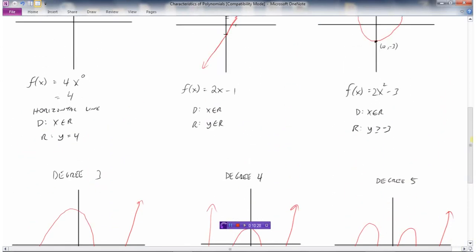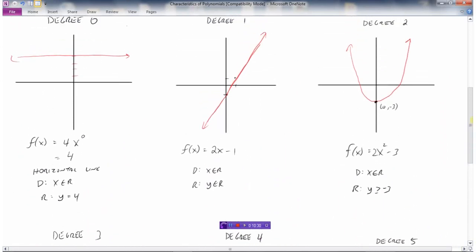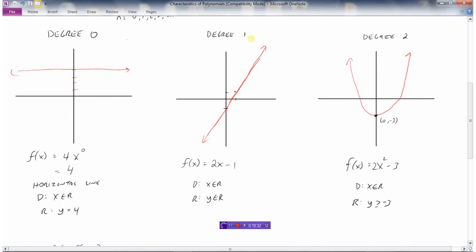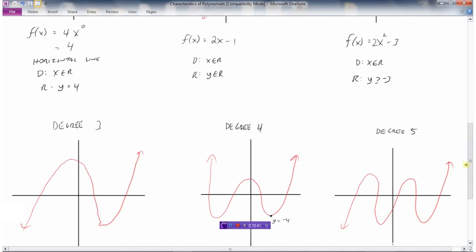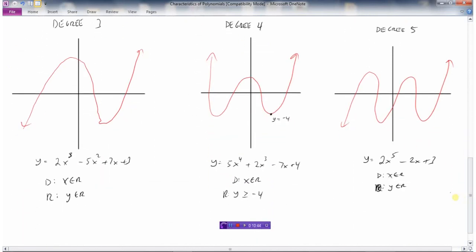So, domain is always all real numbers. If the degree is odd, the range will be all real numbers. And if the degree is even, the range might be y greater than or equal to something, or we'll look in a bit and see that it might be y is less than or equal to something. But in other words, the range is not all real numbers.